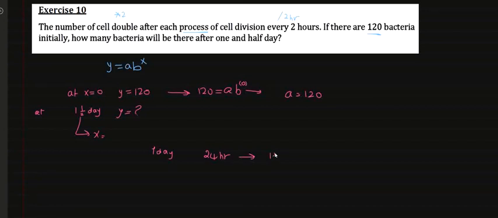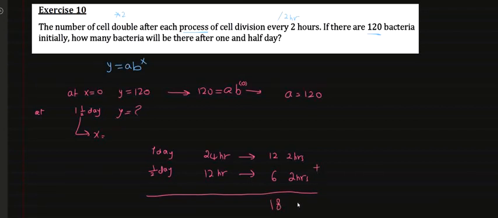We have 12 2-hours, right? And the half day includes 12 hours. How many 2 hours in the 12 hours? 6 2-hours, right? Now in total, how many 2 hours do we have? We have 18 2-hours. And this means that the X needed here is 18.